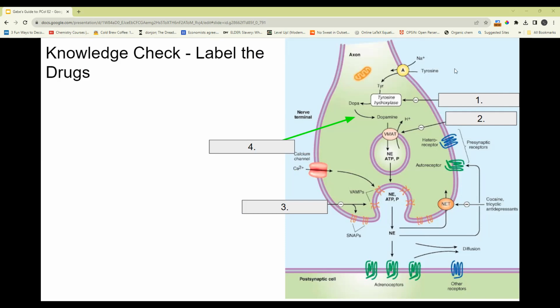No? Yeah, so this is, you know, a general diagram. I just tried to throw as many things in there. So the only drug that we have learned that would inhibit tyrosine hydroxylase would be metyrosine. Very nice. How about for number 2, inhibiting VMAT?